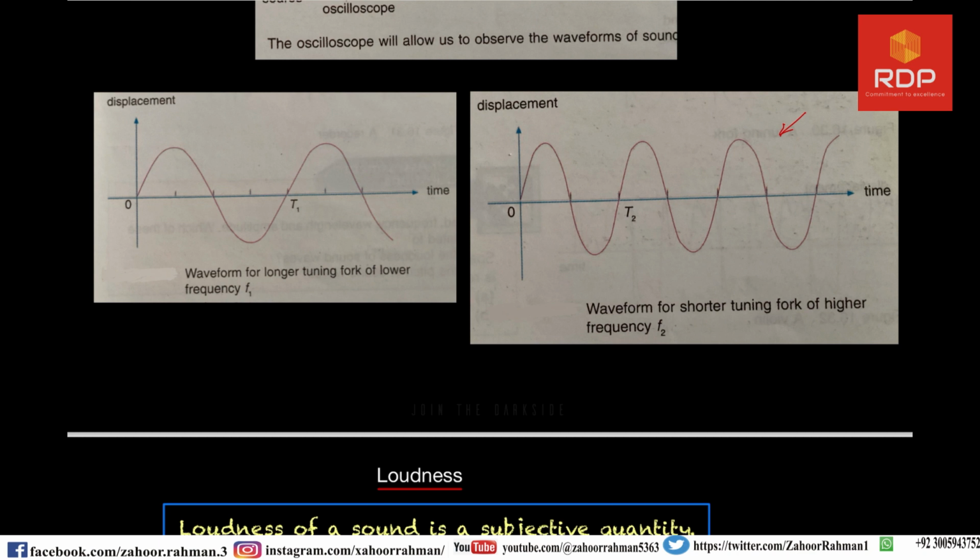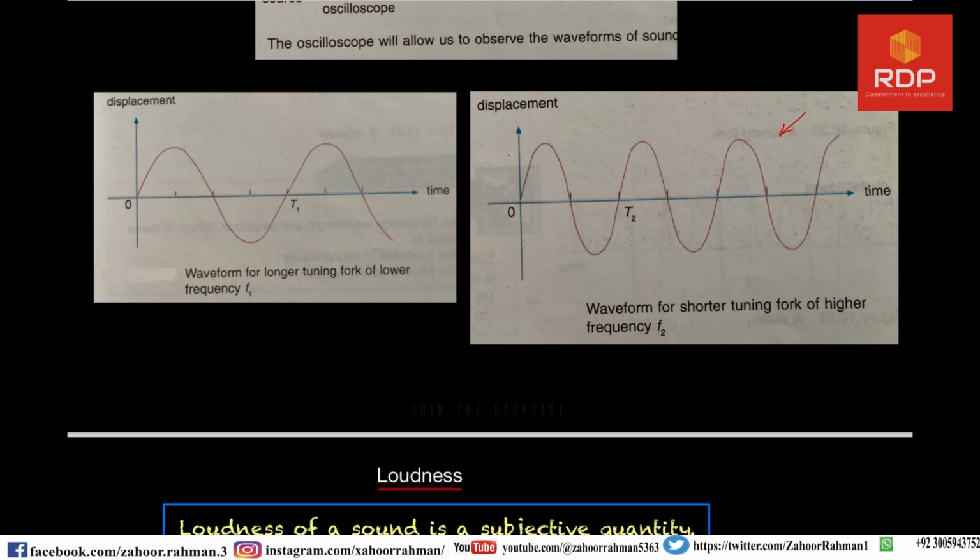This is of lower frequency because the number of waves per second is lower as compared to the figure on the right side. So, in a nutshell, pitch is a subjective quantity that is related to the objective quantity of frequency.